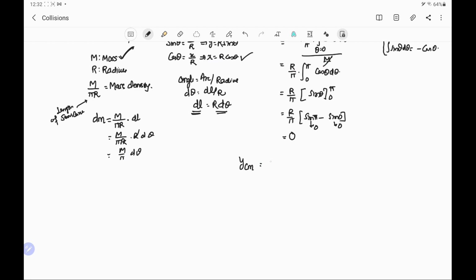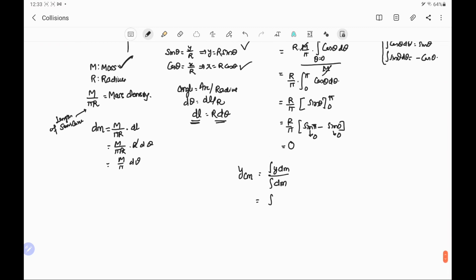Y coordinate of center of mass equals integral y dm by integral dm. Here y is the y coordinate of the elementary length, and it is r sin theta.